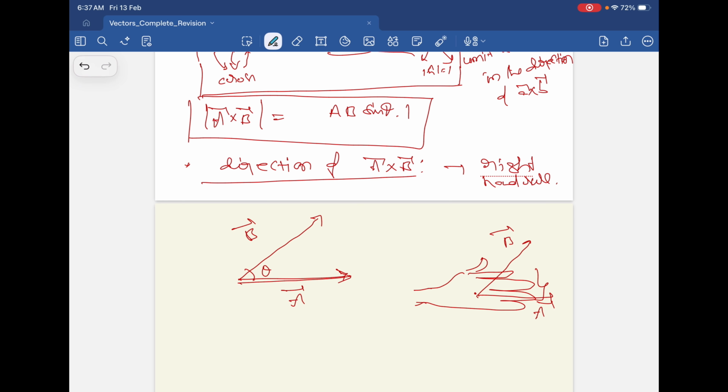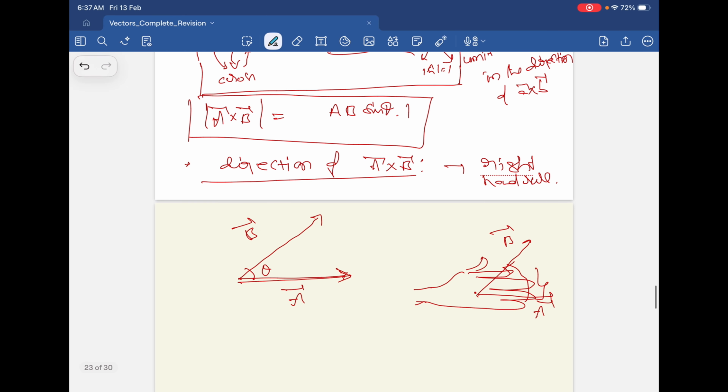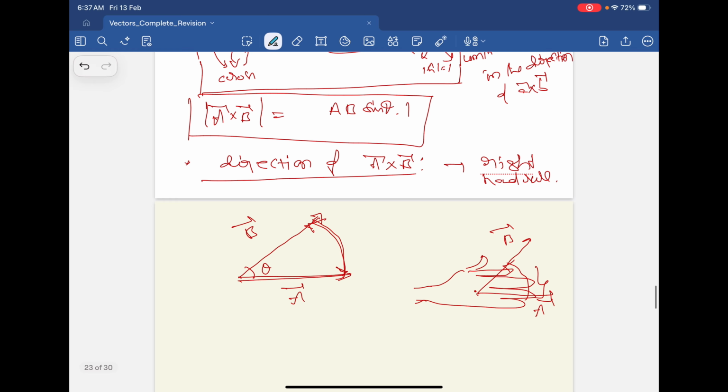Then rotate the fingers from A to B. You should practice this one. First take your vectors and make your palm parallel to A, in the direction of A. Then curl, meaning rotate into the plane of the paper, that is, towards B. So when you rotate from A to B, A cross B gives the direction of the thumb.